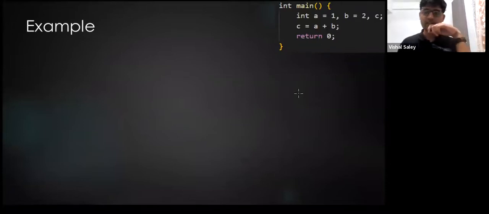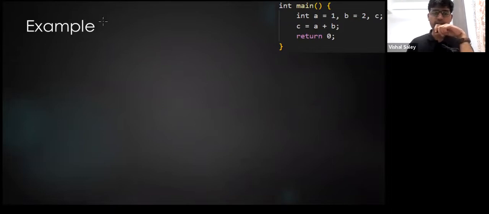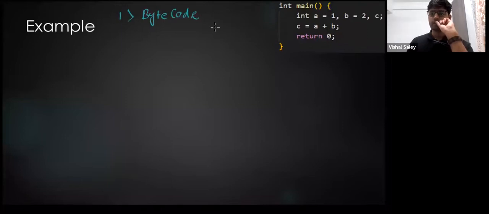Consider this is the program that you have written. The first thing we need to understand is how exactly this bytecode looks. Again, I will not go into very deep details, just superficially. When you compile this code, the bytecode generally has two sections.